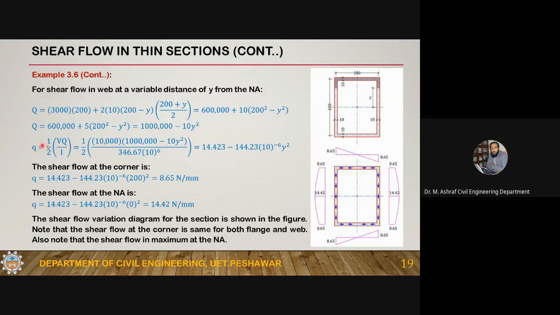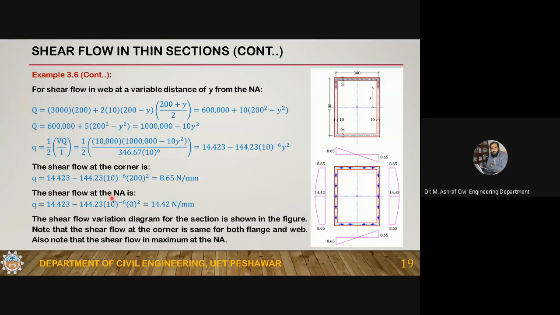Okay, so the shear flow is half of VQ by I. Plug in the values, you will get this expression. So what is the shear flow at y equal to 200, meaning at this point? This is 8.65 Newton per square millimeter. And the shear flow at the neutral axis, y equal to 0, is 14.42 Newton per square millimeter. Okay, so this is what this is.